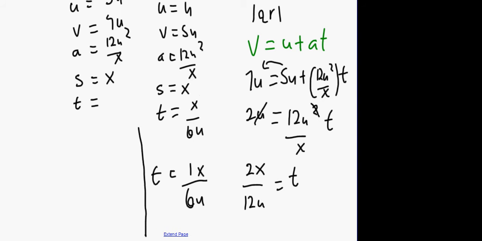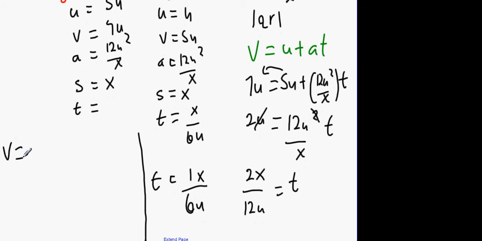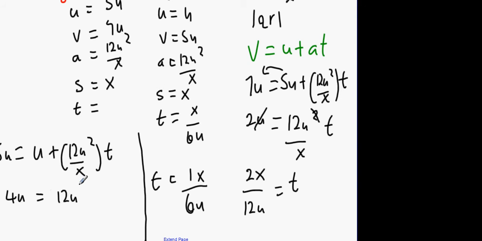We did that for QR. Repeat the procedure for PQ. v is equal to, oh sorry, v is 5u. So 5u equals u plus at, which is going to be the exact same as last time: 12u squared over x times t. 5u minus u is going to give you 4u. 4u equals 12u squared over x times t.